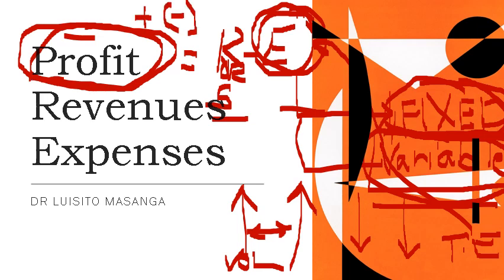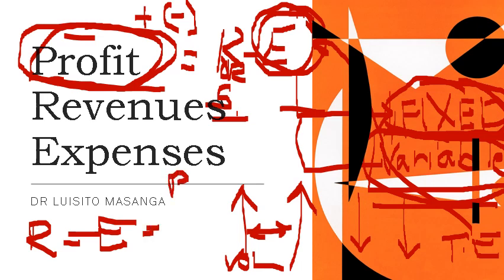If revenues is equal to expenses, it is called what? Break-even point. No profit or gain and no loss. It happens when revenue is equal to expense.